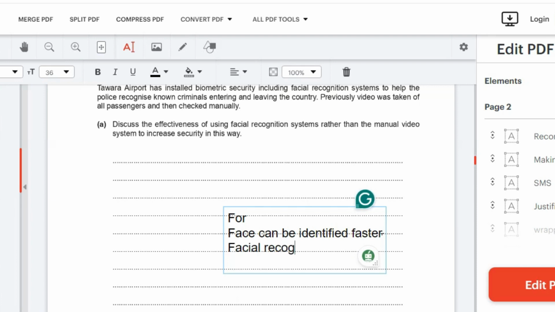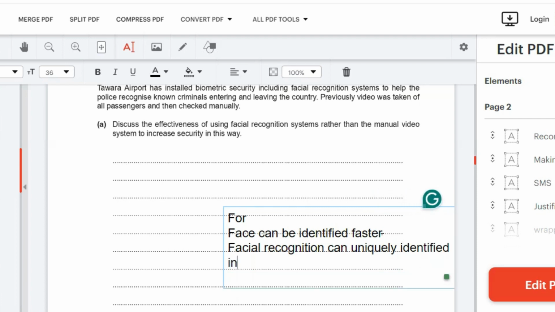Facial recognition can uniquely identify individuals. Another one is that face can be identified by electronic comparison, therefore relatively higher level of accuracy.